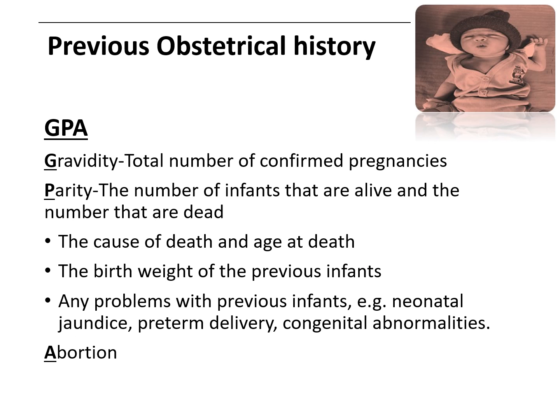After that, we have to write the previous obstetric history, in which GPA, G stands for gravidity. So total number of confirmed pregnancy is G. Example, if a mother is having G5, means 5 times she is pregnant.